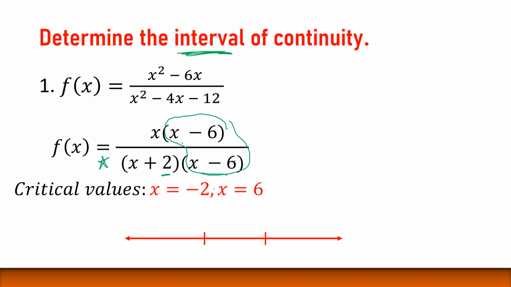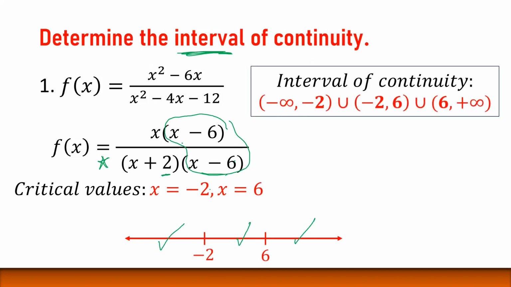So, it's like excluding the zeros of the denominator or yung mga hindi kasali sa domain ng function. Okay? Yung domain niya, di ba, excluded yung zeros of the denominator. So, si negative 2 tsaka si 6. Negative 2 is where? Dito, tsaka dito. Yun lang yung i-exclude natin. So, we'll be including this interval, this, and this interval. Okay? So, we have negative infinity to negative 2, which is this part. Ito yun.